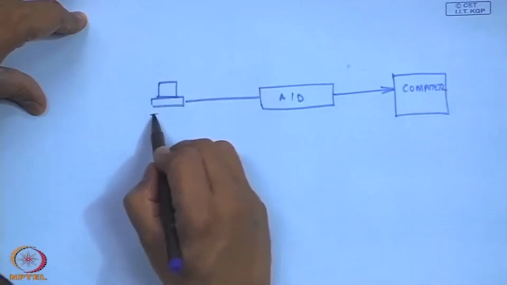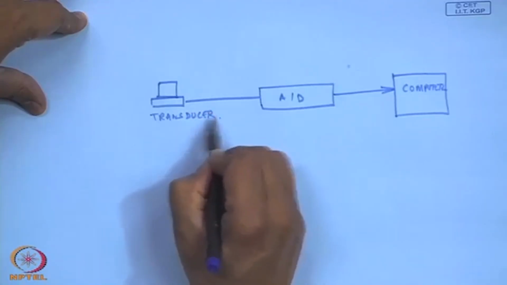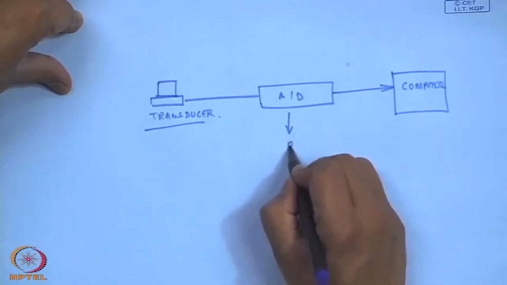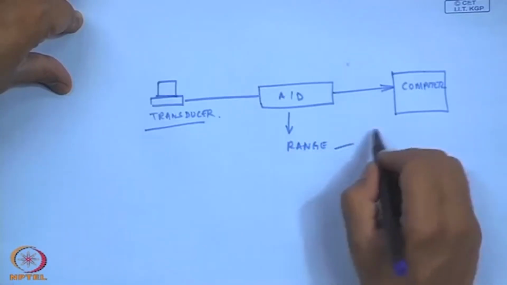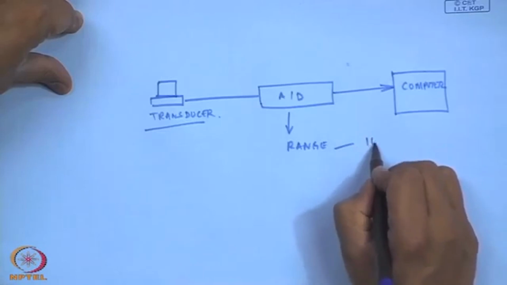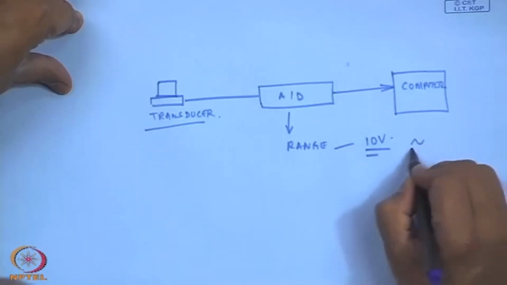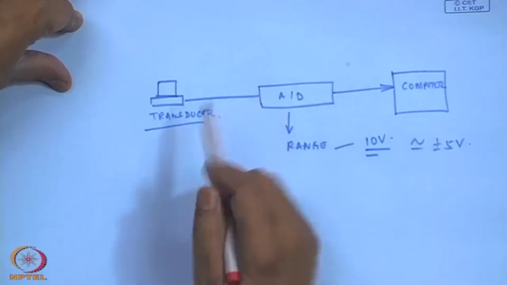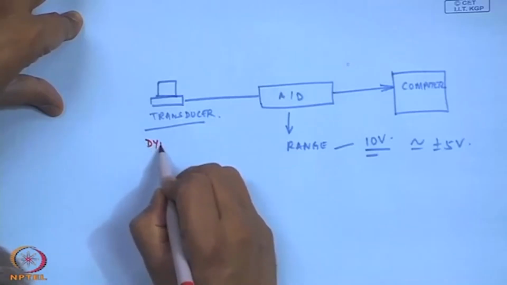And this is my transducer. There is a range of this A to D system, and this could be maybe 10 volts, the maximum range you can have, or plus minus 5 volts. But what happens if these transducers are of very wide dynamic range?